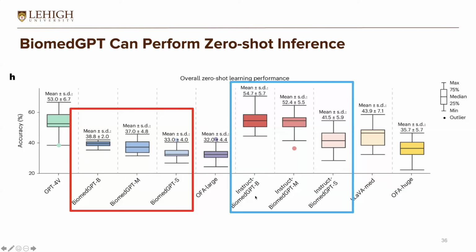But after using instruction fine-tuning, we can become comparable, and one model, which is a little bit larger, is even better than the GPT-4V model. So it proves instruction fine-tuning is much more helpful, not only on the general dataset but also on the medical dataset, to achieve better performance on language-related tasks.